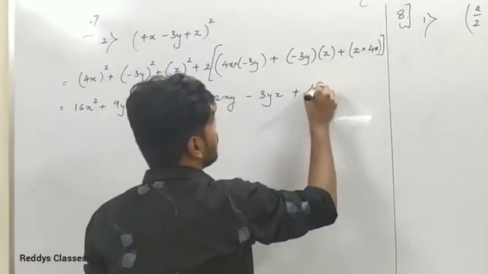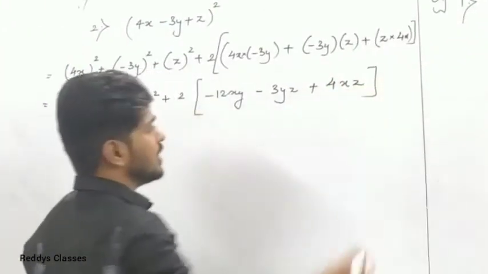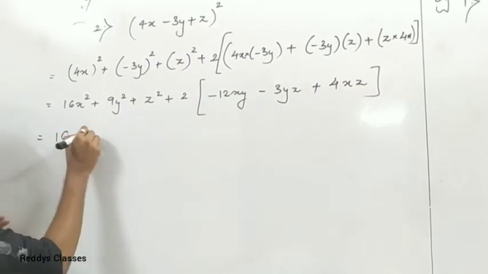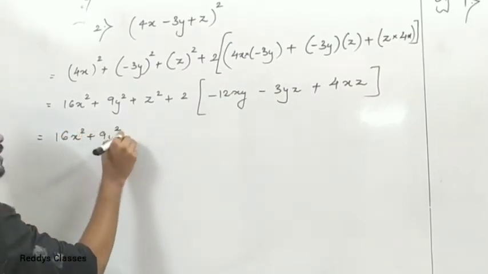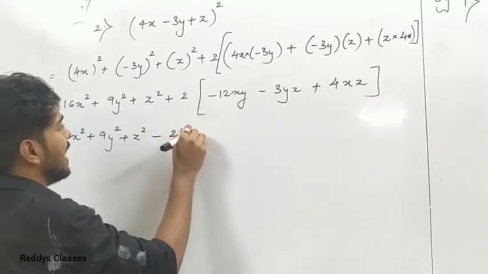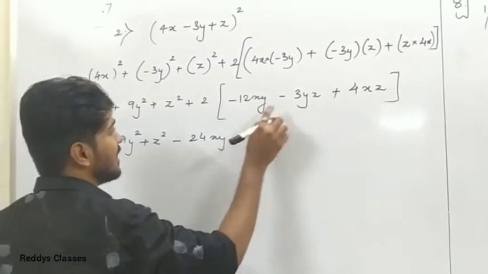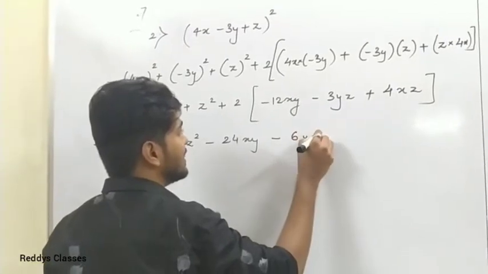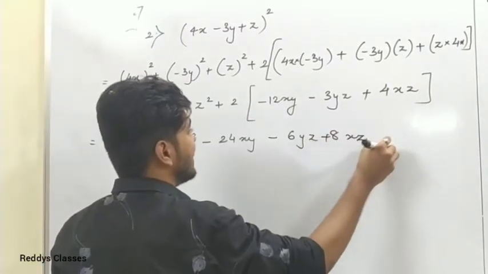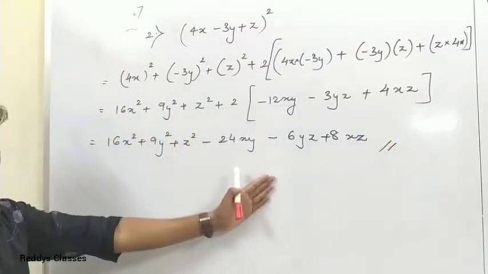Plus 4 into xz is z into x, whatever xz is the same. We have values here: 16x square plus 9y square plus z square plus minus 12 into 2, 24xy, plus minus once again minus 3 into 2, 6yz, plus 4 into 2, 8xz. Here we go. Here is the answer.